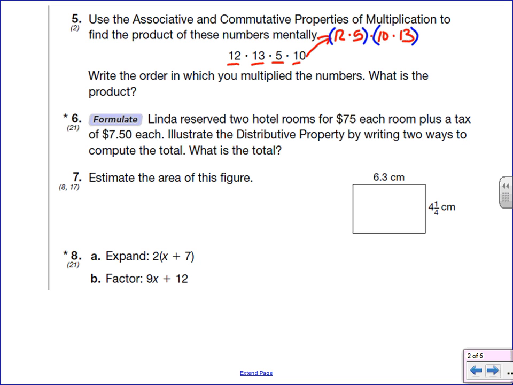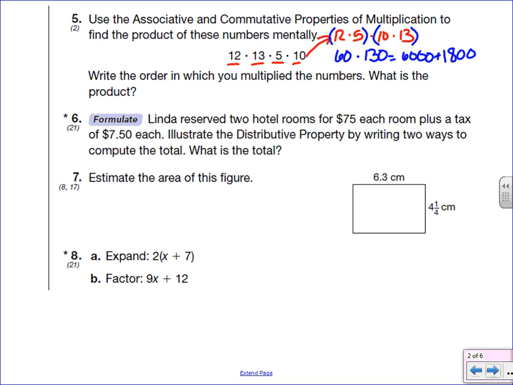12 times 5 is 60. And then 10 times 13 is 130. And then 60 times 130, well, 60 times 100 is 6,000, and then 60 times 30 is 18 with 2 zeros.